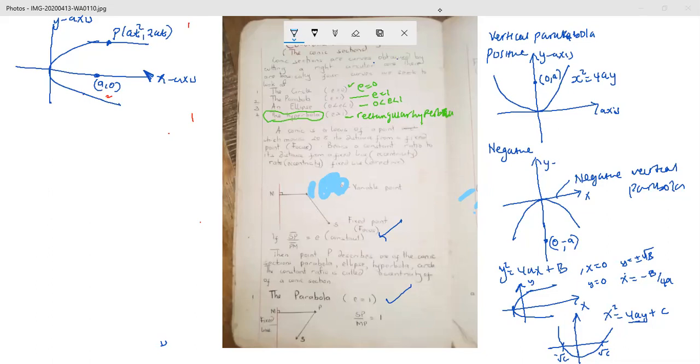P is defined by that on the parabola y squared is equal to 4ax.